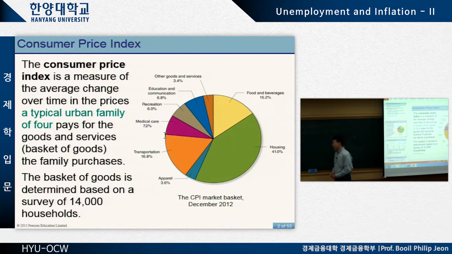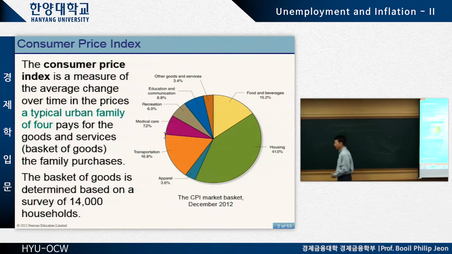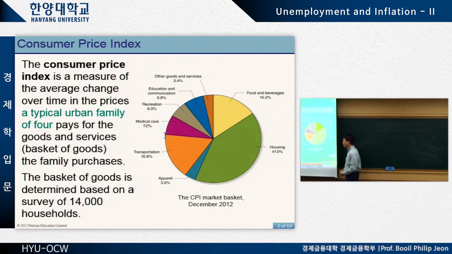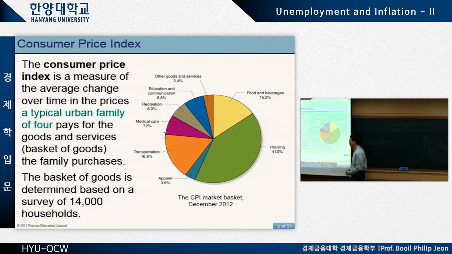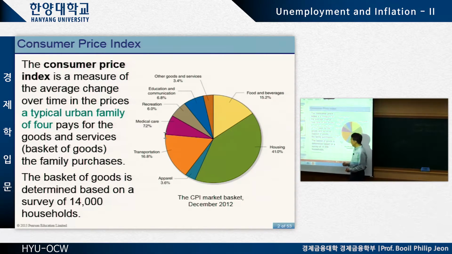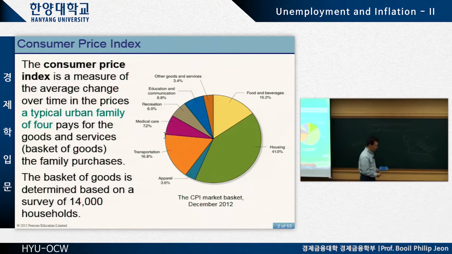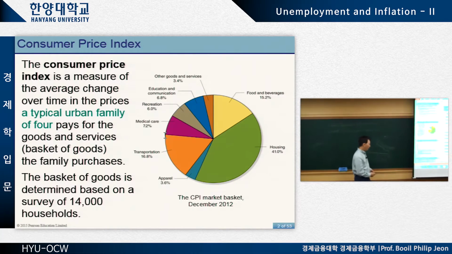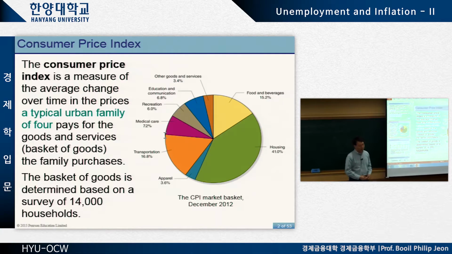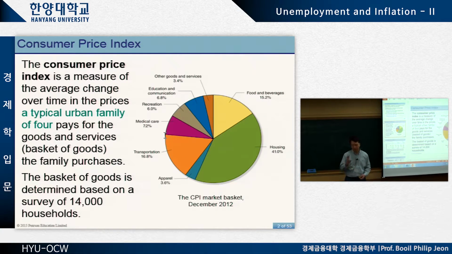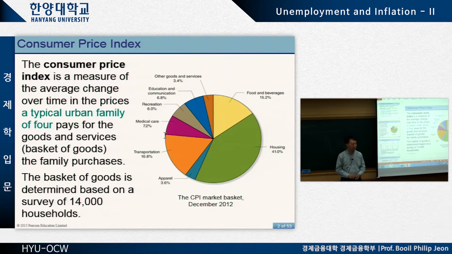All right. The CPI measures the cost of living for a typical urban family of 4. So they're thinking about the life of a family of 4 people, I guess parents and 2 children, or maybe a single parent and 3 children, something like that.